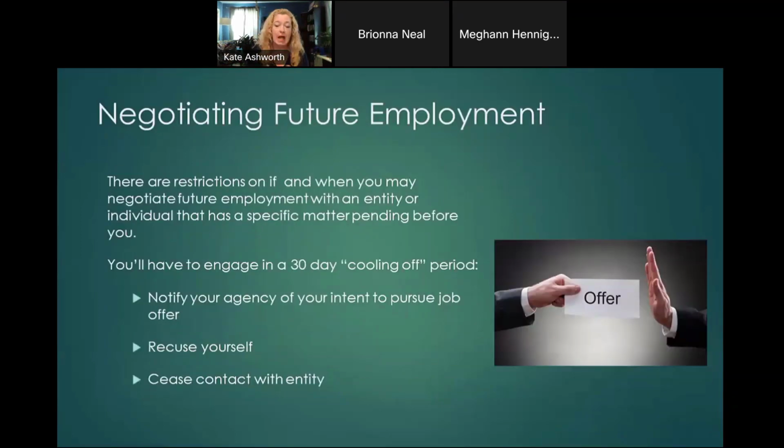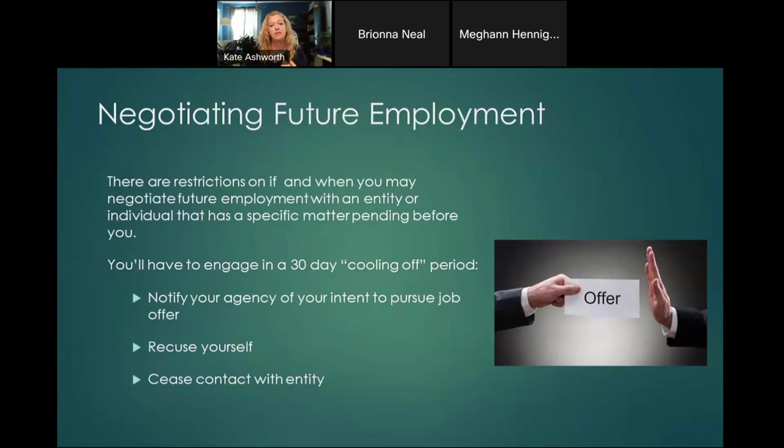All right. Now, there's a couple of post-employment restrictions related to negotiating future employment. If you have an employee who is working with outside vendors and they want to apply for a job with that vendor, or if that vendor offers them a job, this is where this applies.